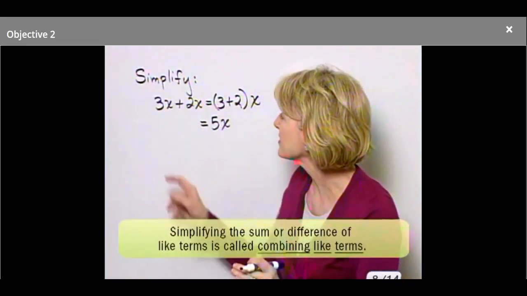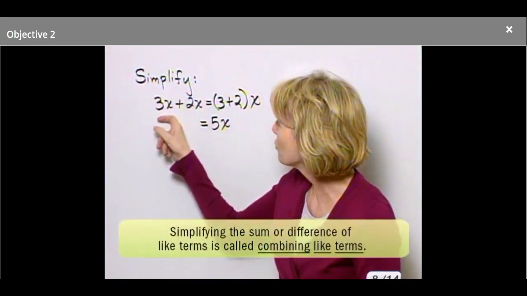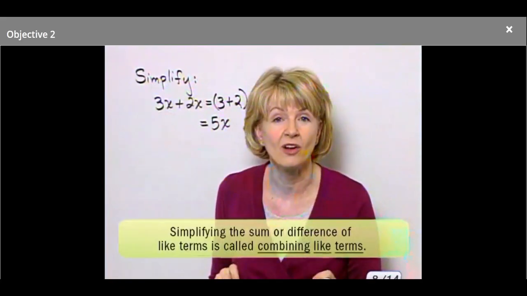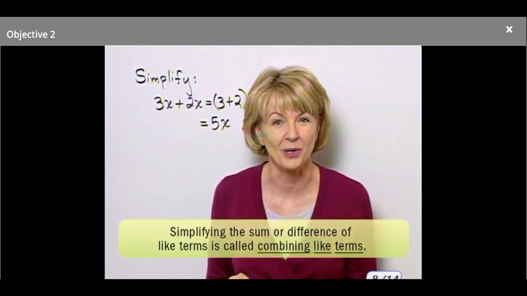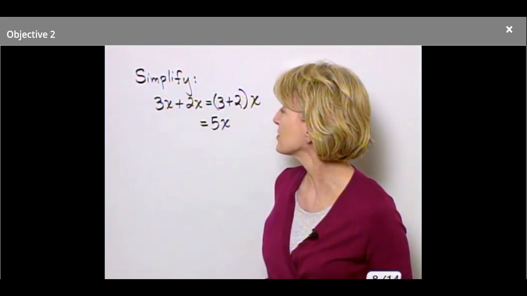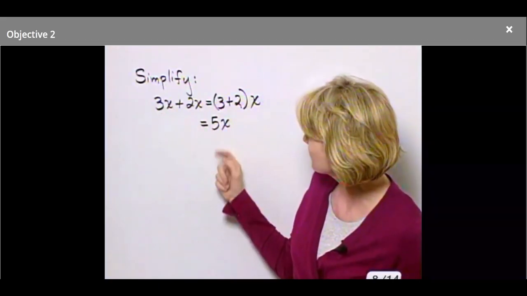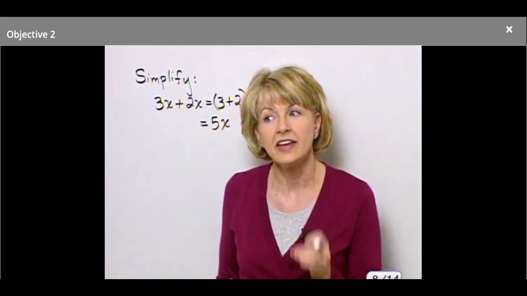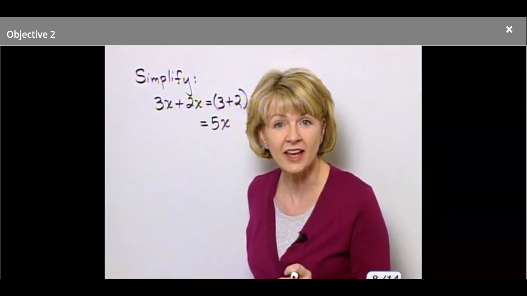This process of simplifying when we have like terms is called combining like terms. Notice we combine these two like terms and we have that sum 5x. Now, how exactly did we combine the like terms?